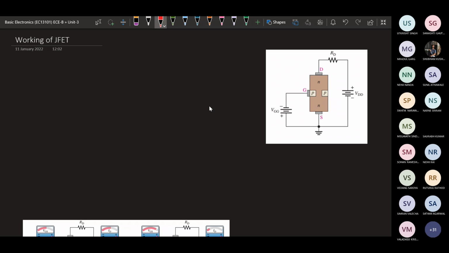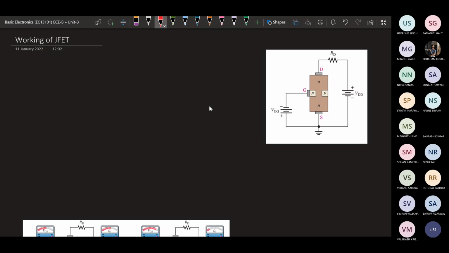The space between the two different gates is considered as the channel. The channel is of N-type, so it is an N-type JFET. We have also seen that the JFET basically works in reverse bias.